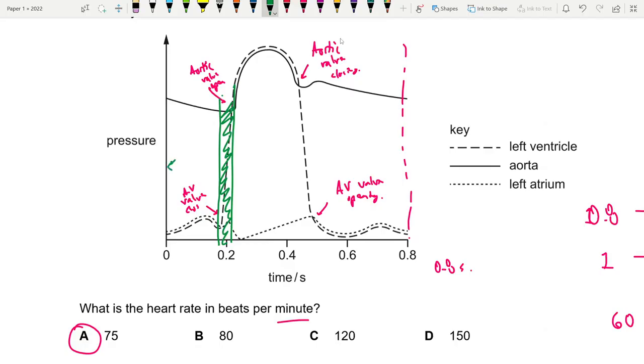Okay, in this region over here, the atria have just finished pumping blood into the ventricles. Now the ventricle is just about to contract. There's a very short time span where the ventricle is about to contract, and when that happens, pressure inside the ventricle increases, but it is just high enough to close the atrioventricular valves, the tricuspid and bicuspid valve, but not high enough to open the aortic valves. But suddenly, when the pressure crosses a threshold, what happens is the aortic valve opens and the ventricle contracts.